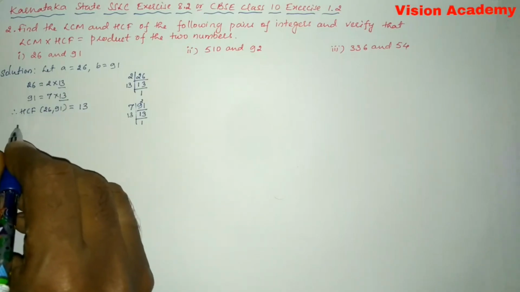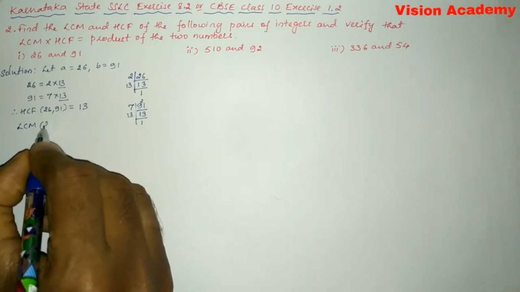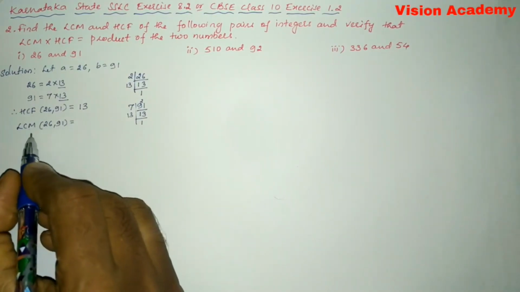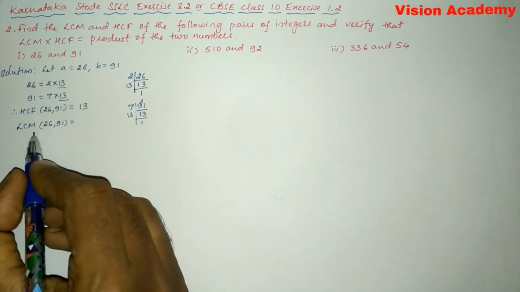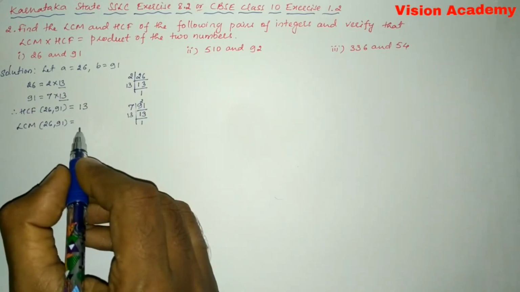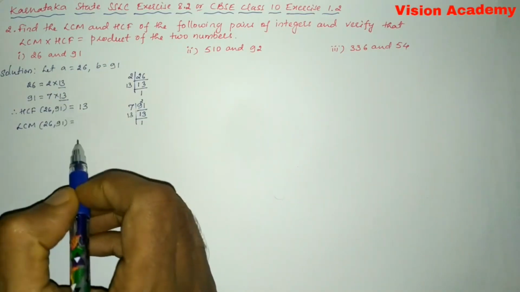Now we will write LCM. LCM of 26, 91 is equal to, here the definition of LCM is the product of the highest powers of all the prime factors present in the numbers.